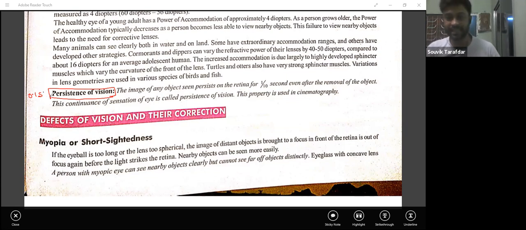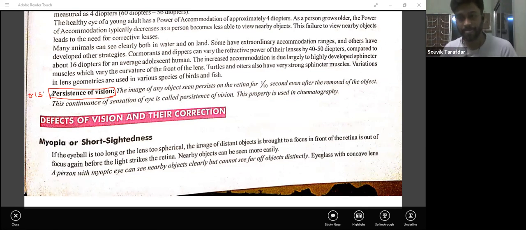But let us consider I have done this from here to here within 0.1 second, then you will see I am standing here only. Why? Because my first image was in your brain for 0.1 second, so I have 0.1 second to cheat. So if I go and come back within less than 0.1 second, he will not be able to see.